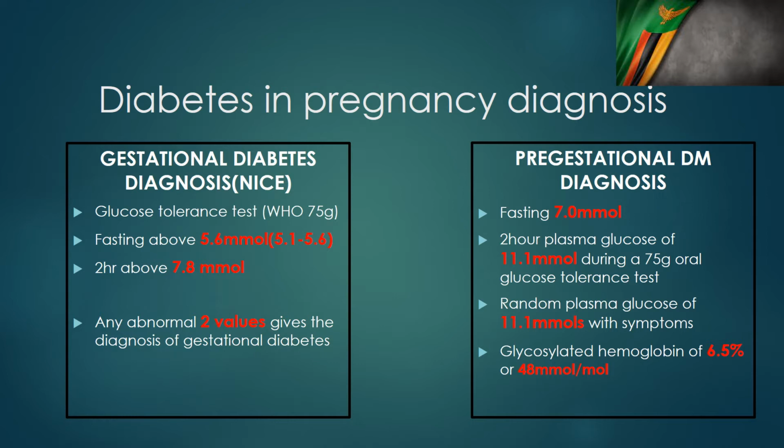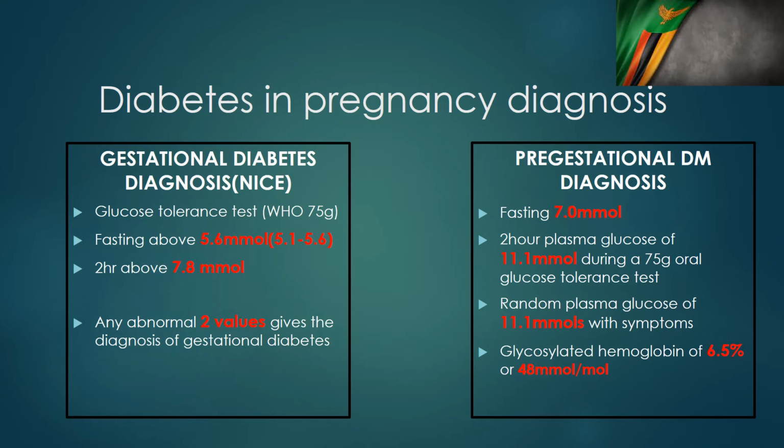So you give a woman 75 grams of glucose, and then you do sugars at 1 hour, and then you do sugars at 2 hours. And you can also have a record of her fasting blood glucose level. That is blood glucose that you do when someone has not eaten for 8 to 10 hours. That is what is called the fasting blood glucose.